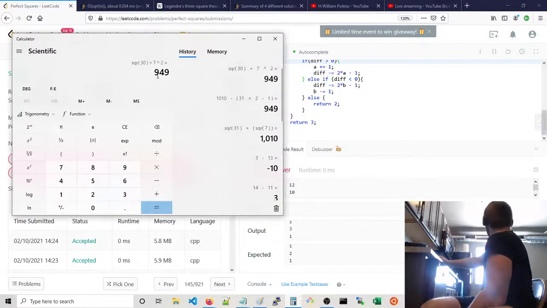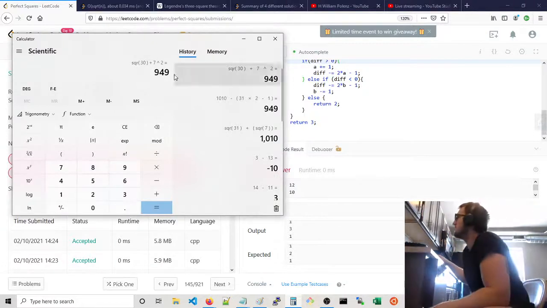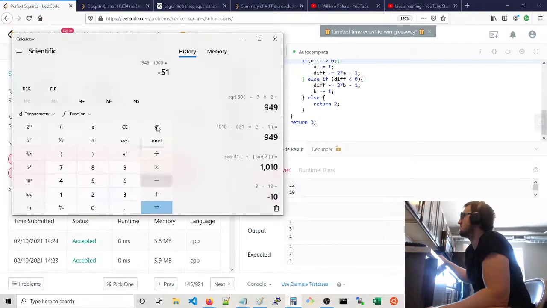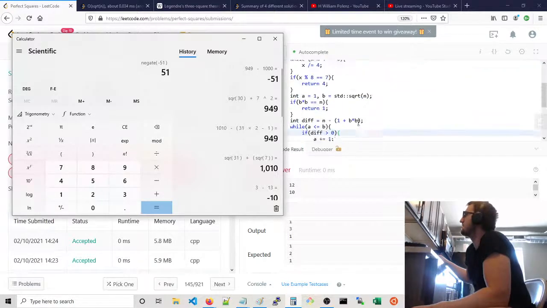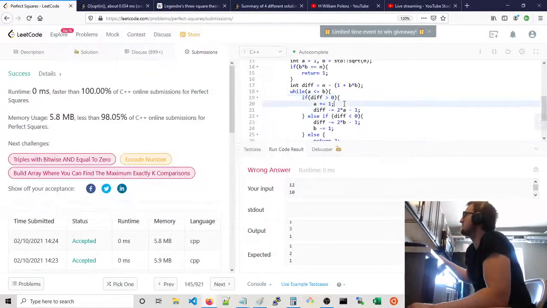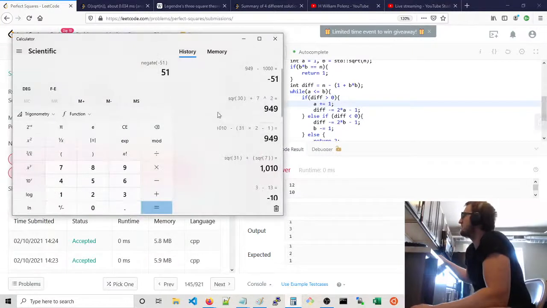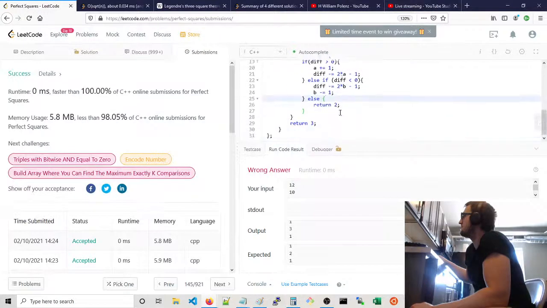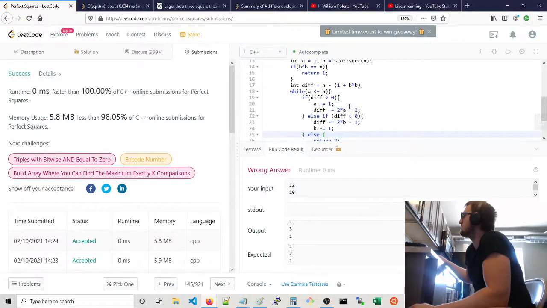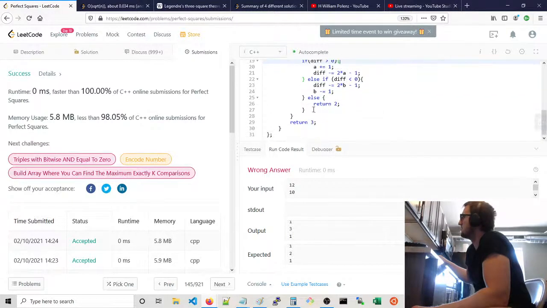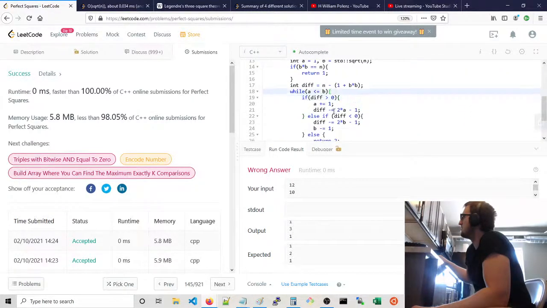Good. All right. Now we're positive again. Now we keep incrementing. Now the thing is, we get pretty close. How is it that we don't get the 2 here?